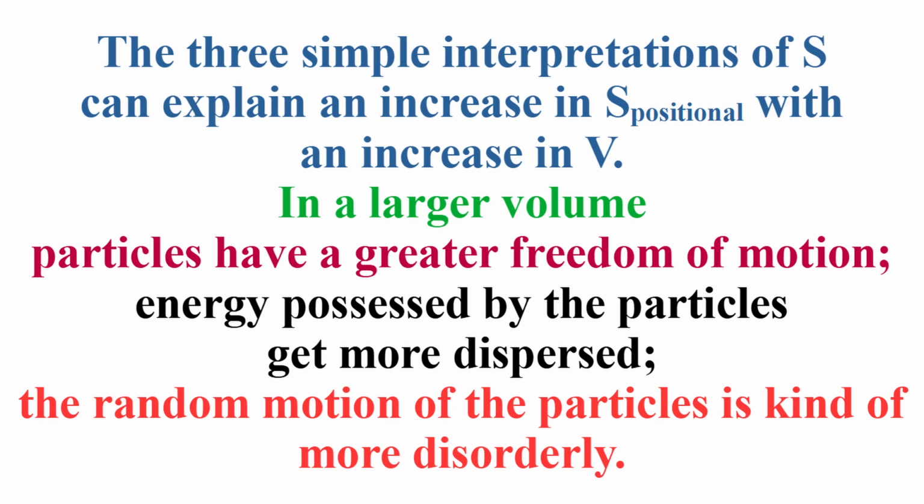And from the energy dispersal point of view, one can look upon this as a greater dispersal of the energy possessed by the particles throughout a larger volume instead of being concentrated in a smaller volume. And the random motion of the particles might be considered to be more disorderly in a larger volume.